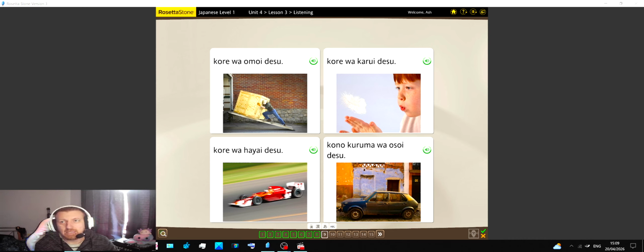Motto omoi should mean it is even much heavier. So motto is more, or even more. Yeah, we'll take that. Yeah, no, that's cool. So I'm just taking those in, just making sure.